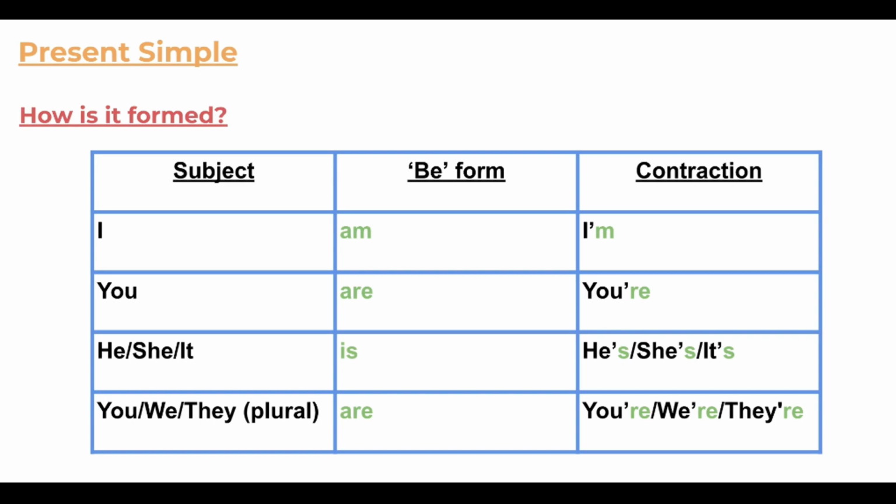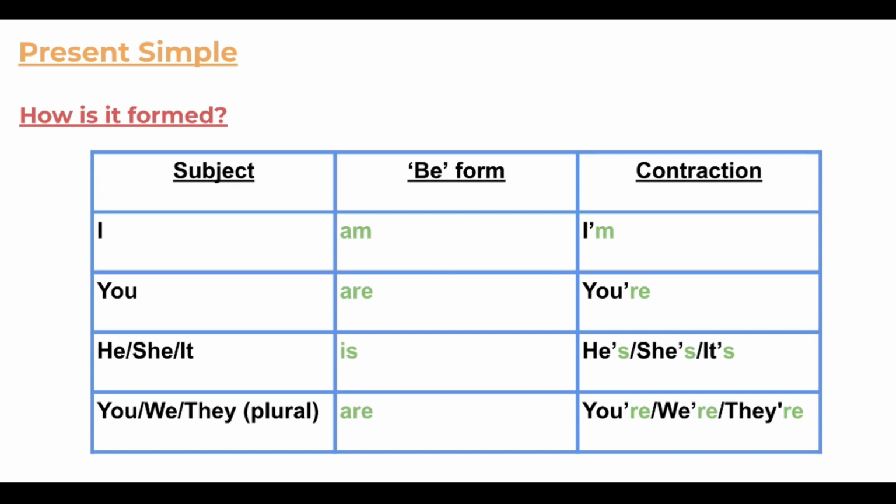He, she, it is. That becomes he's, she's, it's. You, we, they, which are the plural subjects, that then switches to are again. So it's the same as the you before, which is the singular you, but we still say you are, whether it's singular or plural. And the contraction of that last line becomes you're, we're, they're. So you can see how the verb to be acts in the present simple.